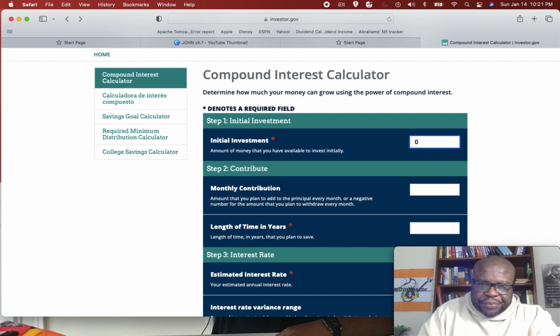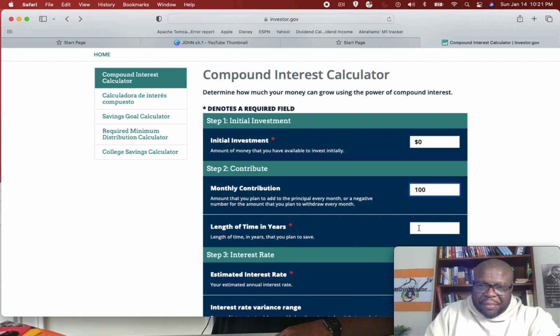Our initial investment is zero. Our monthly contribution is the amount we're going to add to the principal every month. The principal is the money we're starting with. Our principal is zero. The amount we're going to add every month is going to be, let's say, $100 a month.